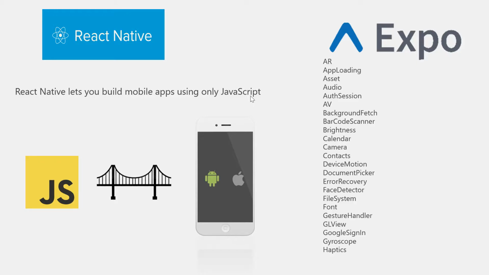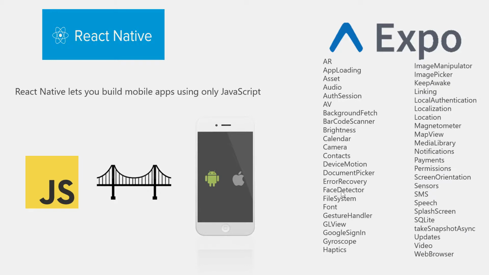So with Expo, it gives us access to AR, uploading, and we are going to do that a lot. Audio session, contacts, camera, error recovery, face detection for the new phones that are coming out, gesture handling, image manipulator, image picker, which you are going to use a lot in the app that we discussed in the previous video, local authentication, splash screen, speech, SMS, sensors and all.